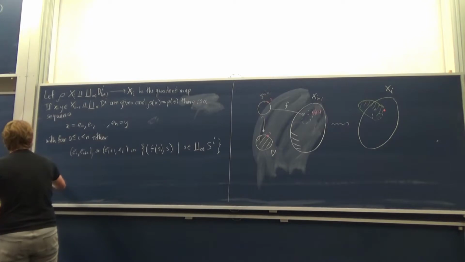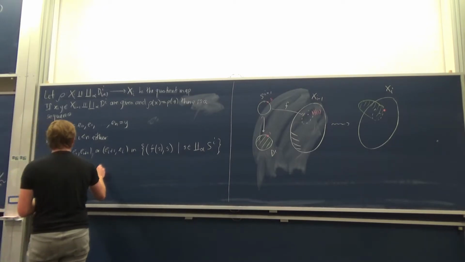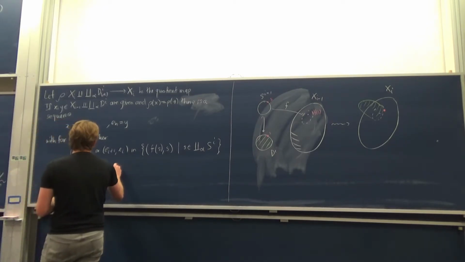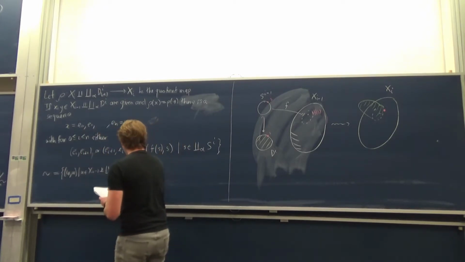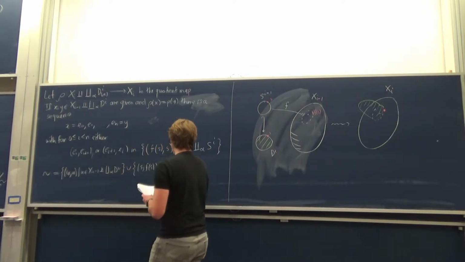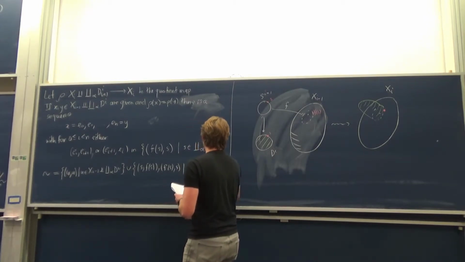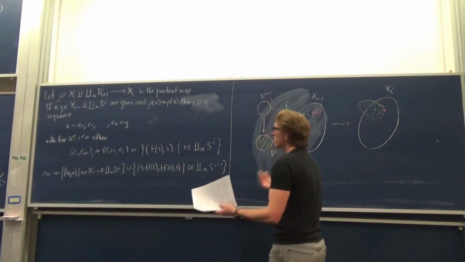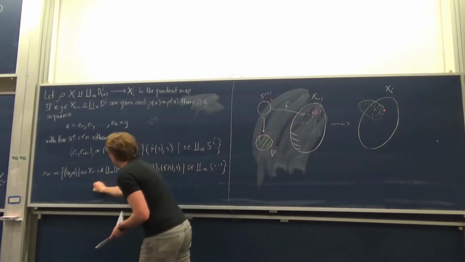Okay, so you can check that tilde is just the following set of pairs. It's an equivalence relation, so it has to be reflexive. It contains the generating pairs and their reversals, since it's symmetric.